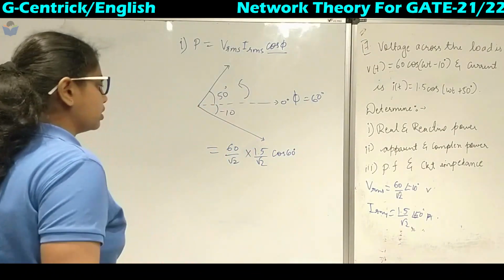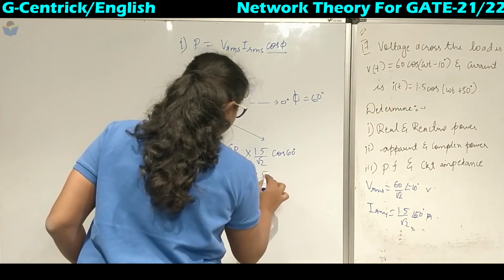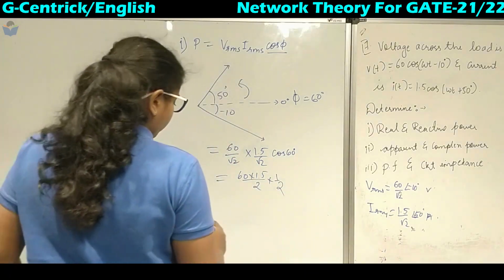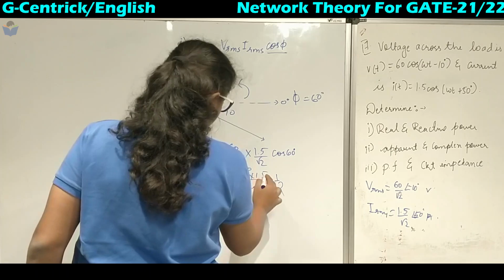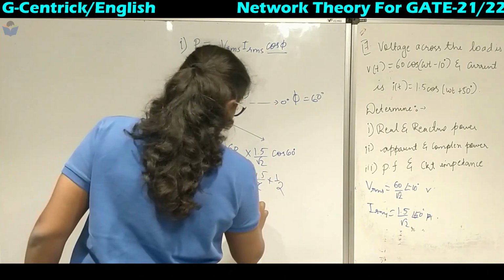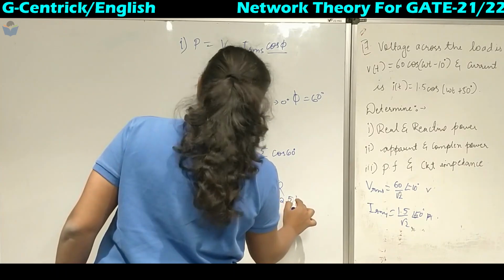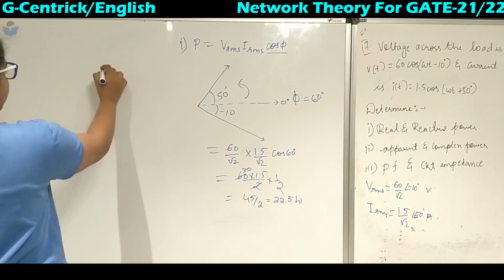What is cos 60? It is 1 by 2. So 60 into 1.5 into 1 by 2. So this 2, this 30. 30 means it will become 45. 45 divided by 2 is 22.5 watts.